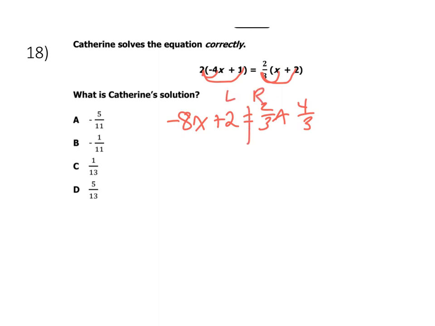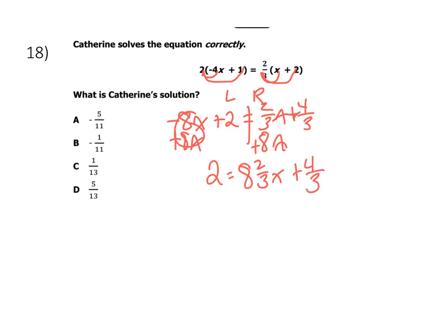Okay, so my left-hand side and my right-hand side. I am going to bring my negative 8x on my left to my right, so I'm going to add 8x to both sides. So I'm left with 2 on my left-hand side, 8 and 2/3 x plus 4/3.